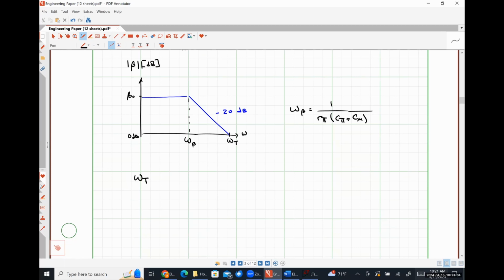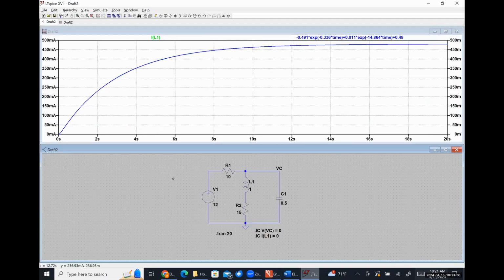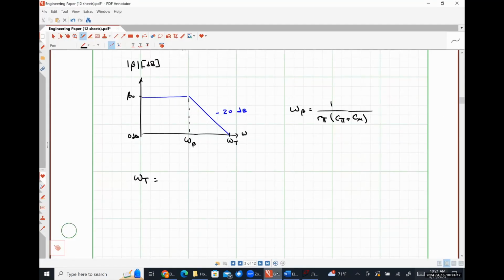So we have omega T is, sorry, beta naught times omega B, just a gain bandwidth product here, effectively, is equal to g_m over (C pi plus C mu), which will be approximately g_m over C pi, since we know that C pi is much, much greater than C mu.